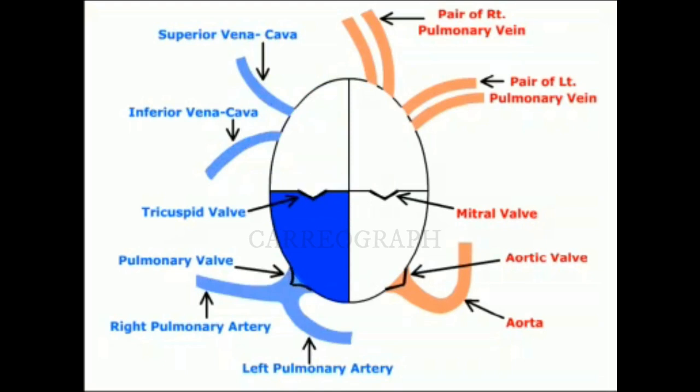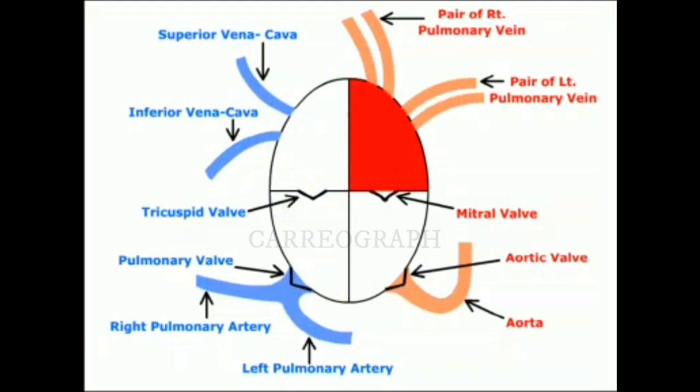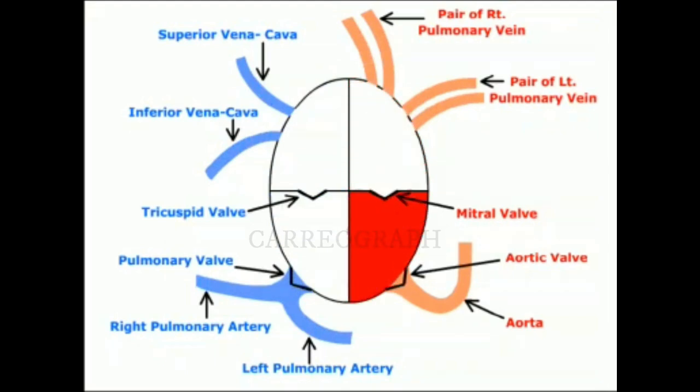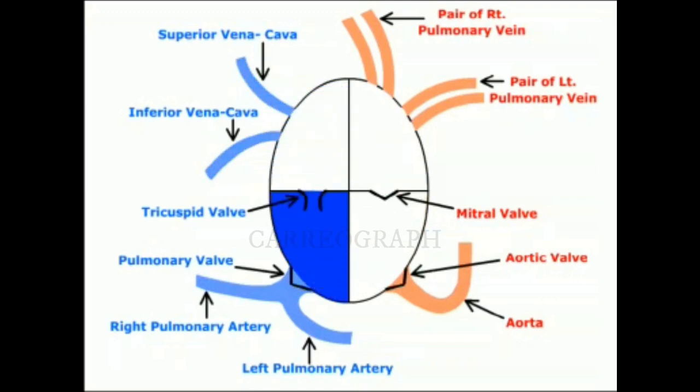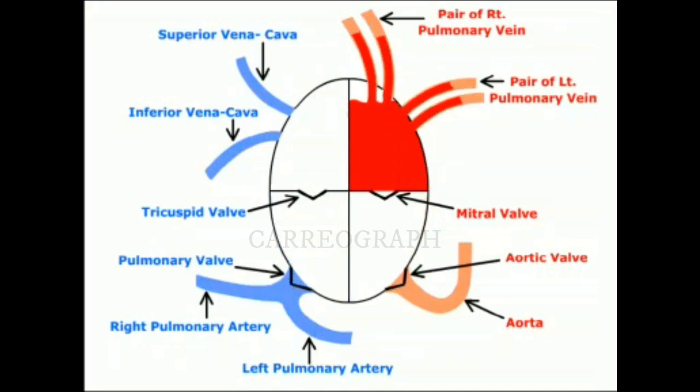The superior vena cava and inferior vena cava take deoxygenated blood into the right atrium, and when this right atrium is completely filled, you see in the picture the blue colored blood, which is deoxygenated blood, comes into the right ventricle through the tricuspid valve.